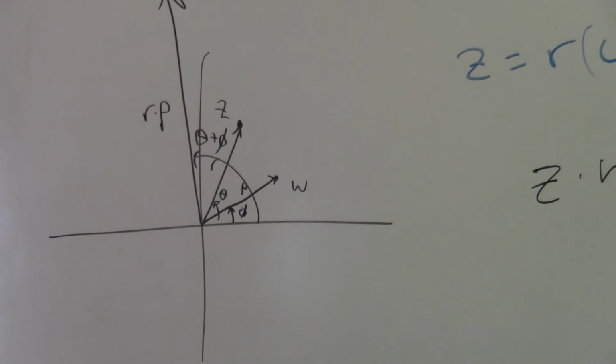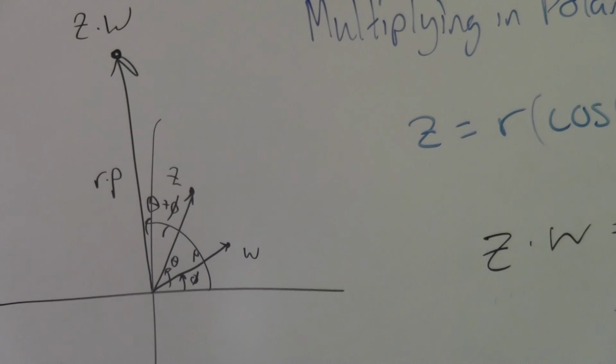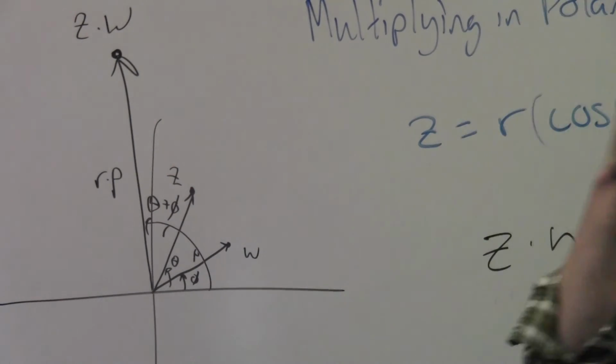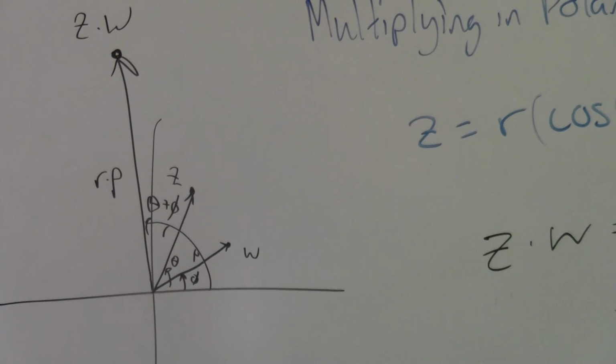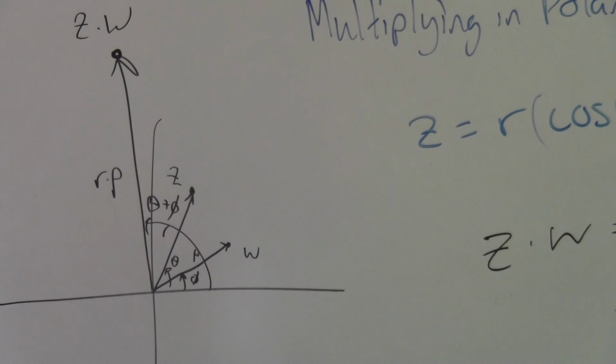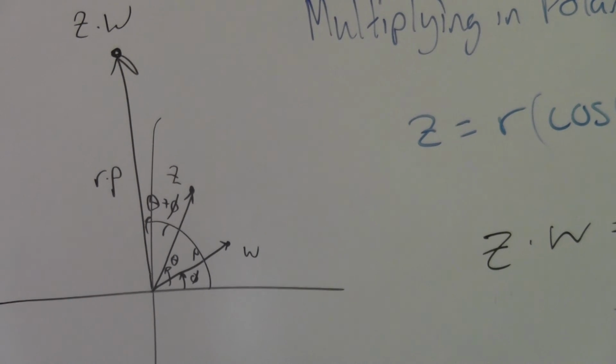When you know the magnitudes of the two complex numbers and their angles, you can calculate where the multiplication is. And we'll find something very similar happens when we do division. It's almost the same thing, except instead of adding, we're going to do subtraction. Crazy. We'll do an example next.